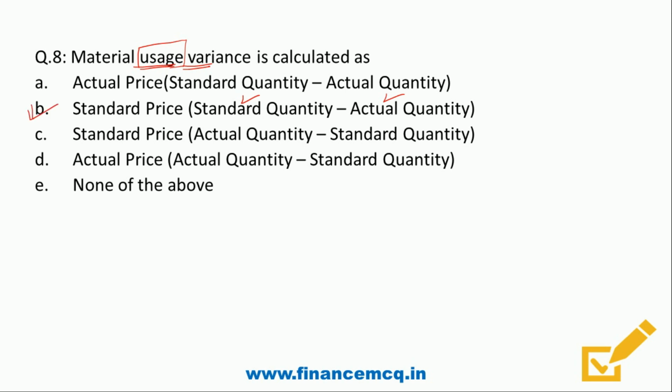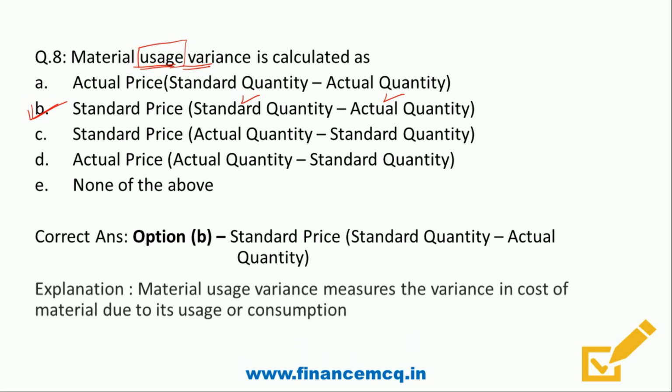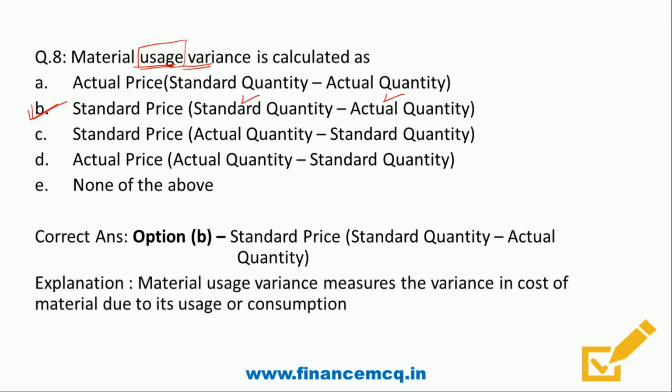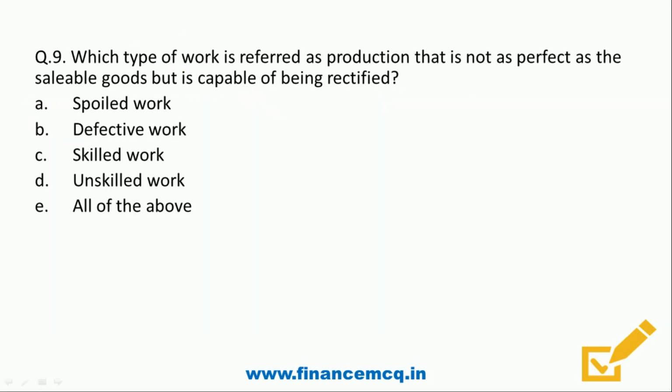So our option B is the correct answer for calculating material usage variance. So it basically measures the variance in cost of material due to usage or consumption. So I hope it is clear. Now let's move on to the next question.